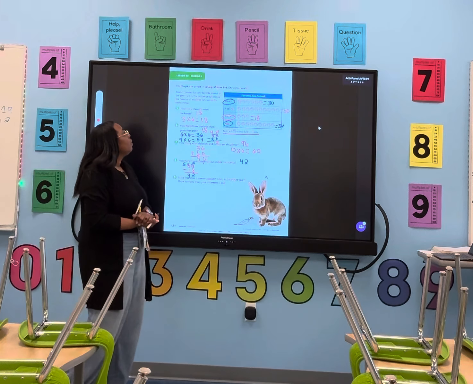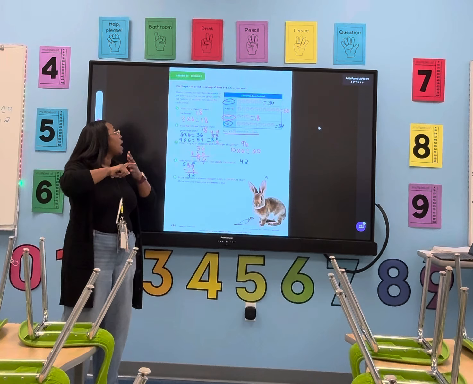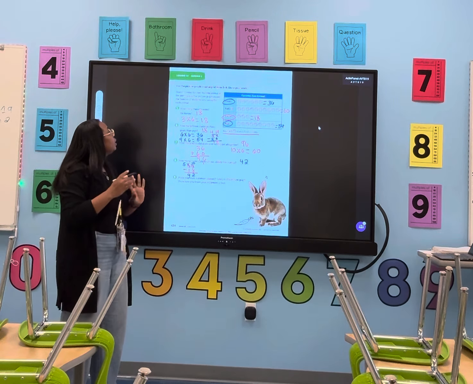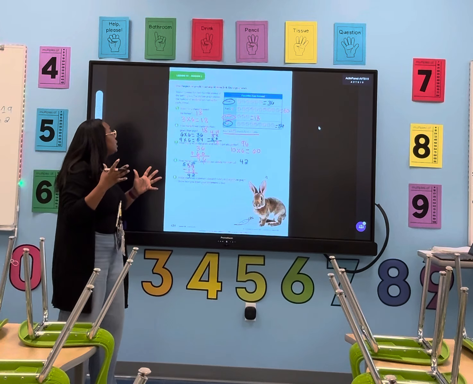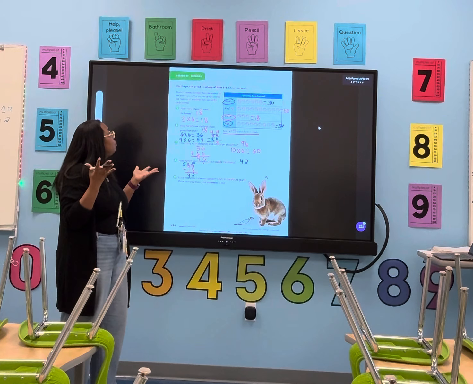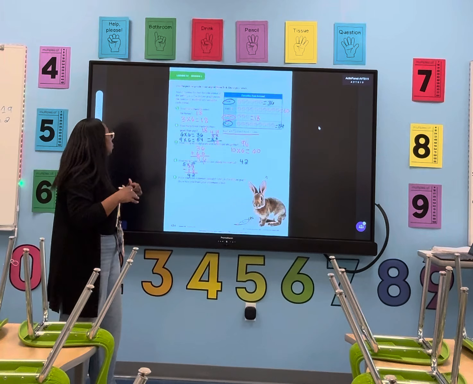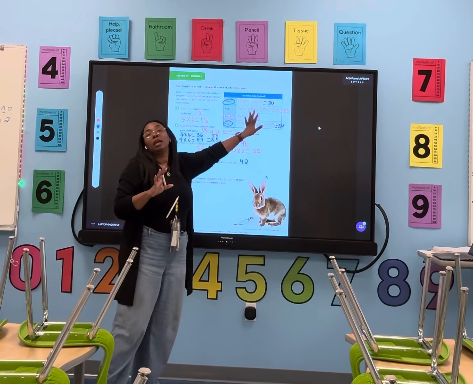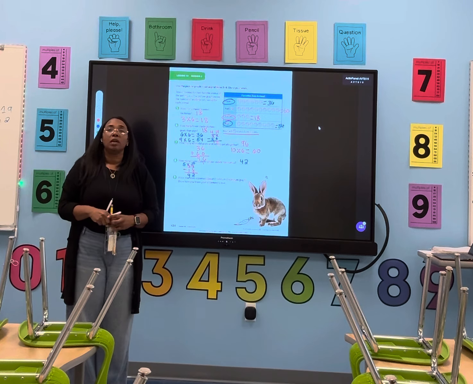You can say there are more rabbits than goats, llamas, and pigs, or you can say the llamas had less than the goats, rabbits, or pigs, or you can say the pigs had 54, which is more than the goats that had 36. So you can make any statement you like about the data that is in that graph. It just depends on what you want to say about that graph.